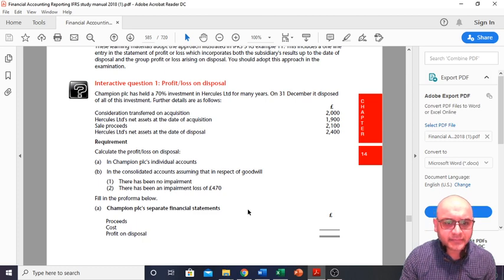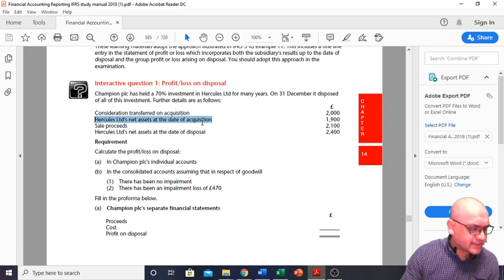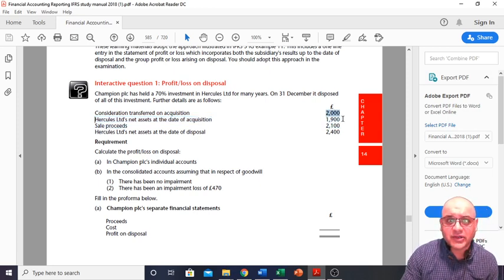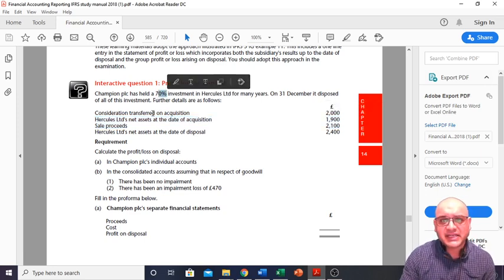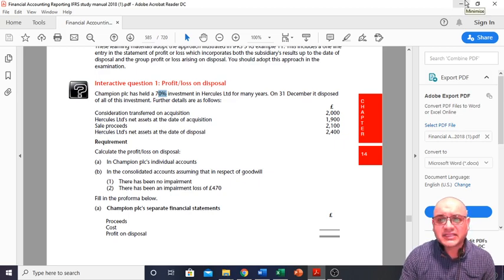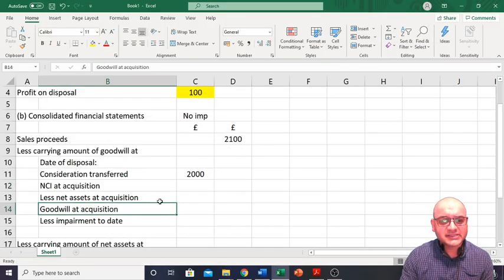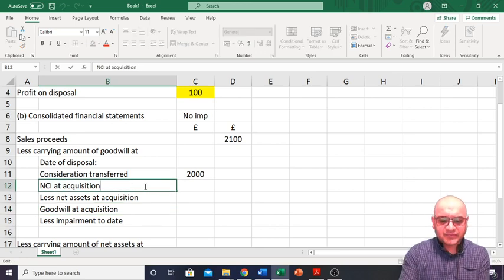Okay, so we know the Hercules's net assets at the date of acquisition was 1,900, that we know, and because the parent has acquired 70% of the assets, the 30% would belong to NCI. So NCIs at acquisition, we need to add that.